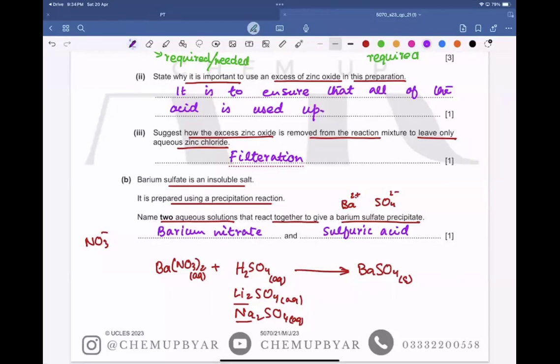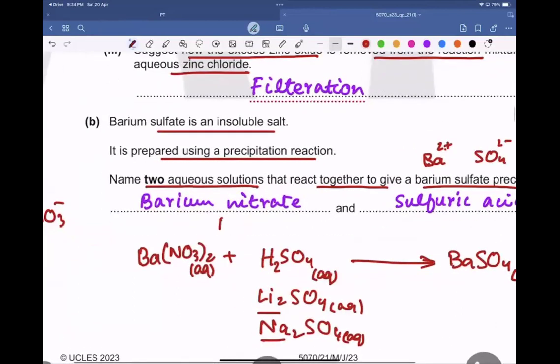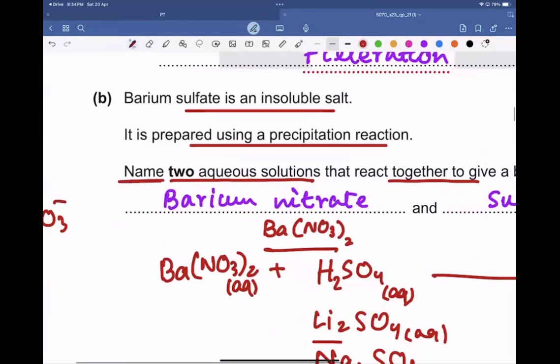Okay, very good, Rahim. See, if you do this, instead of writing the names, you will write the formulas. There is a high chance that most of the students make this mistake. Instead of writing the formula with the nitrate twice, they just write BaNO3. Now, it's up to the examiner, because the examiner has asked you to write the name, not the formula, right?